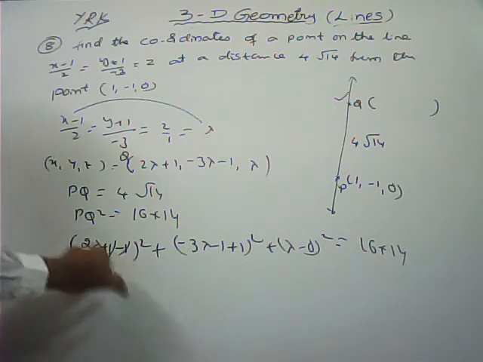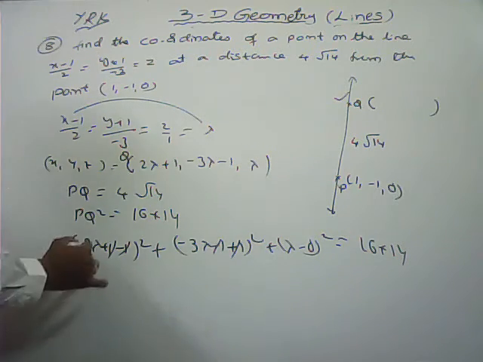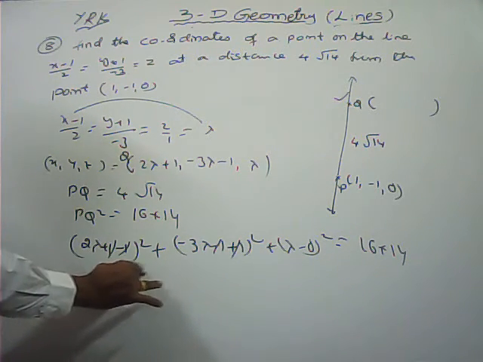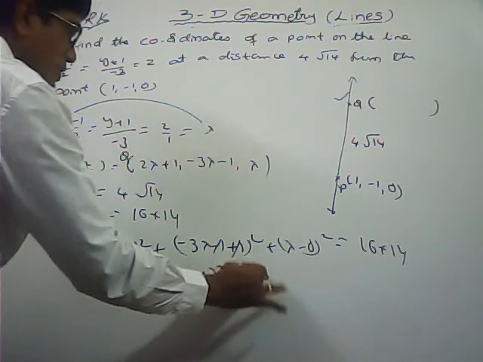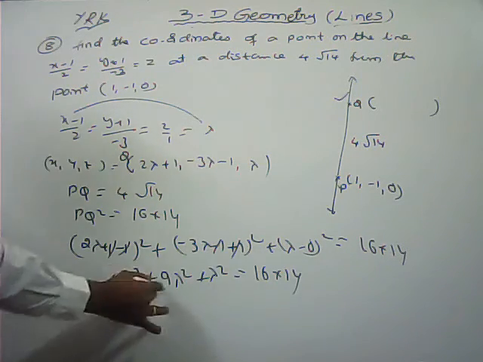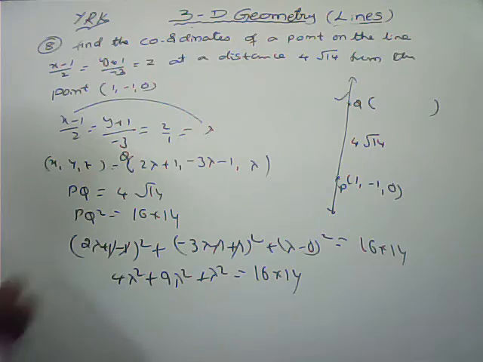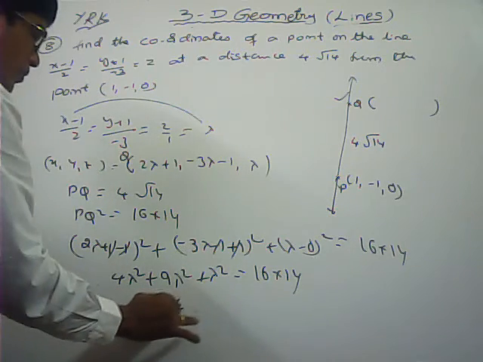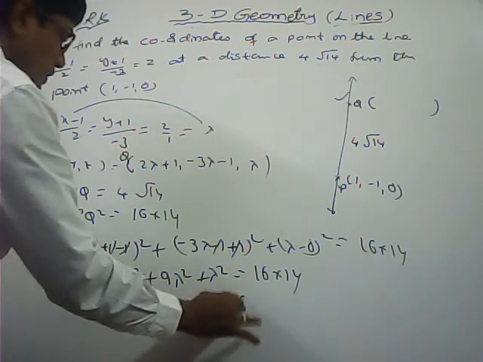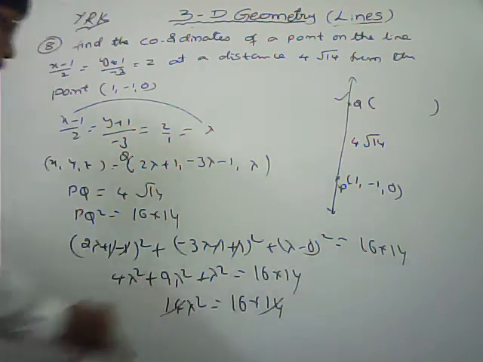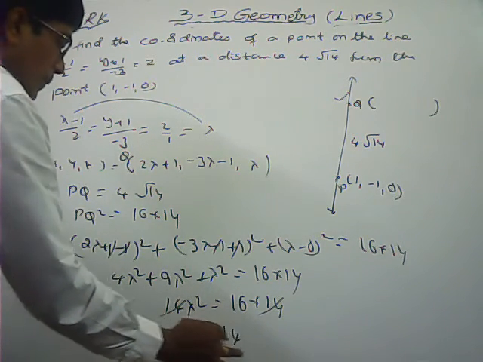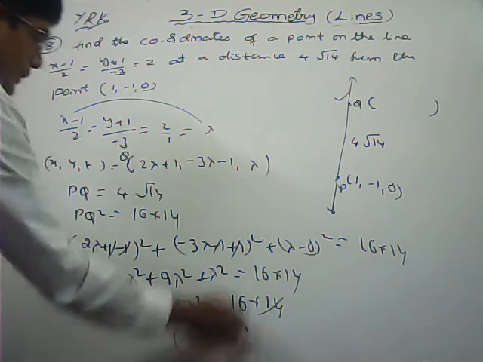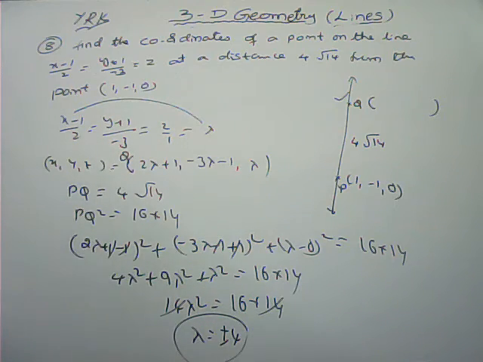Here plus 1 minus 1 gets cancelled, here also it gets cancelled. 4 lambda square plus 9 lambda square plus lambda square is equal to 16 into 14. 9 plus 4 is 13, plus 1 is 14. 14 lambda square is equal to 16 into 14. Here 14, 14 get cancelled. Lambda square equals 16, lambda is equal to plus or minus 4.